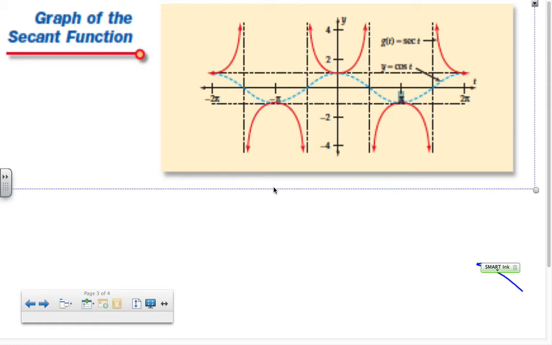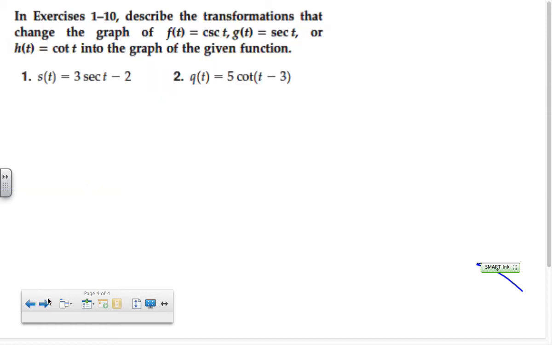So let's talk about just transformations really quick. All I want you to do is to identify what they're doing. This is basic transformations, which is what we talked about in class, which you should have done in Algebra 2 or integrated. You should already have these. And like I said, we reviewed in class, so all you have to do is identify. So number one here, what's going on?